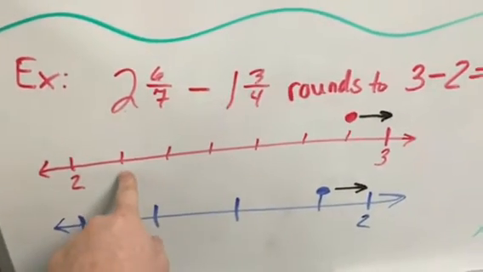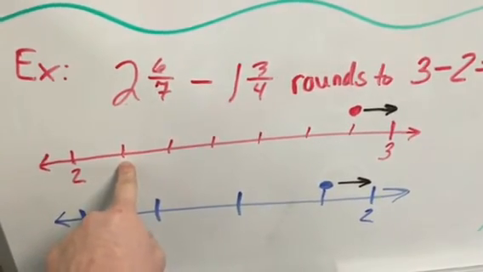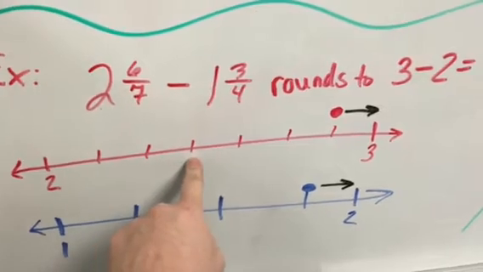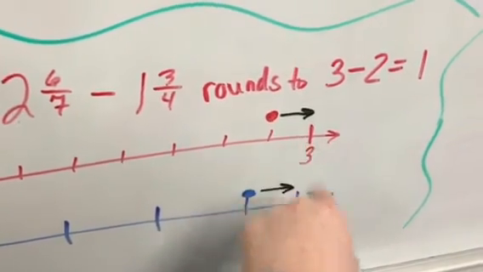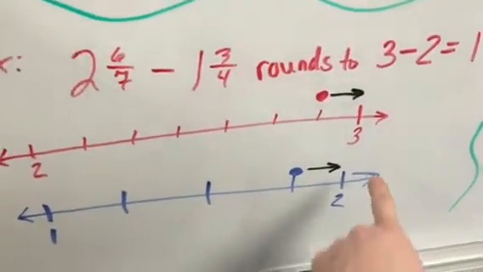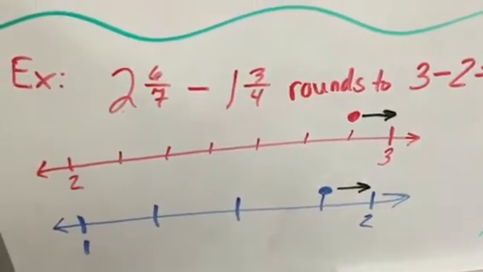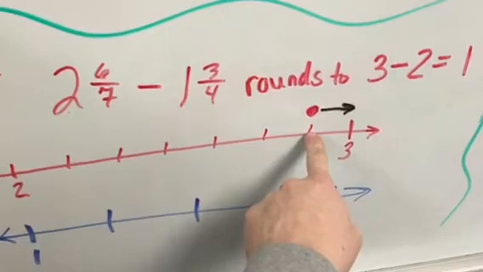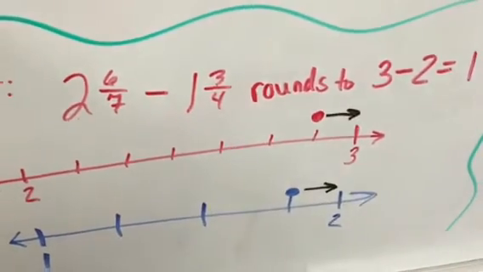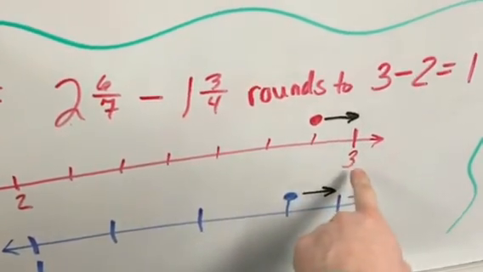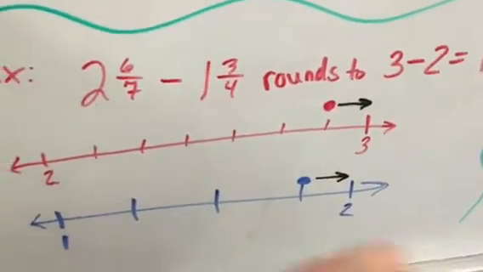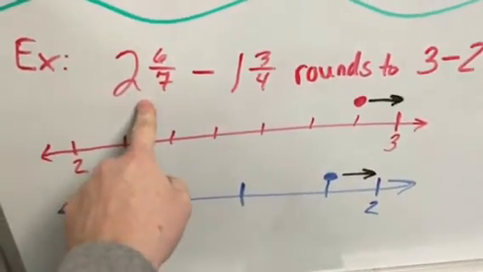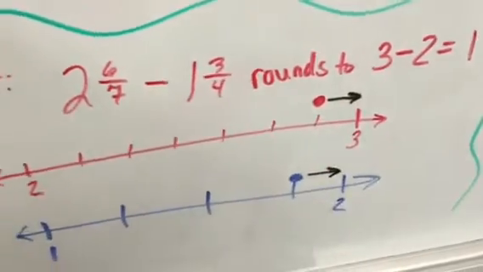I draw my line, so I have 1/7, 2/7, 3/7, 4/7, 5/7, 6/7, and then I get to my whole, which would be 7/7, and I put 3. I plot my point at 2 6/7, and look how I don't even have to draw this other line. It's so close to the 3. I'm going to round the 2 6/7 to 3.